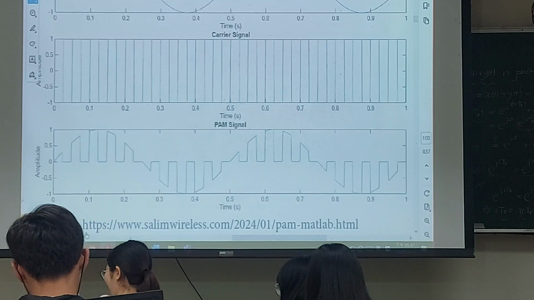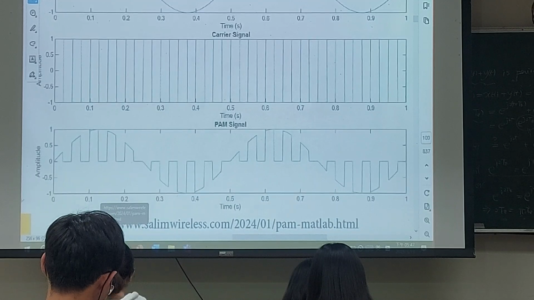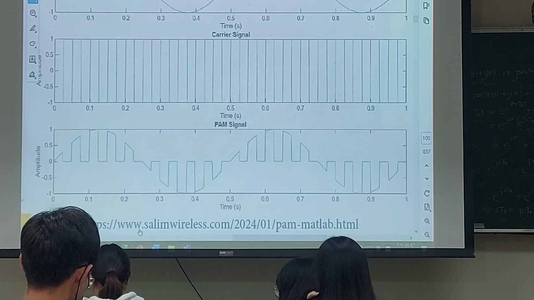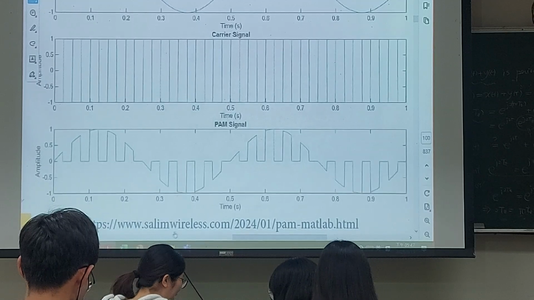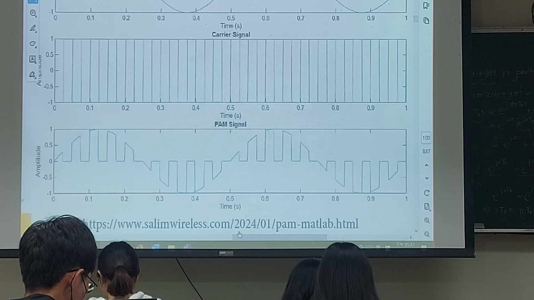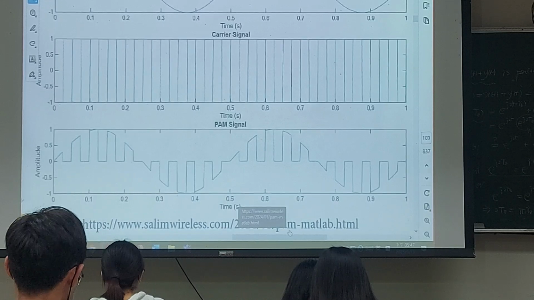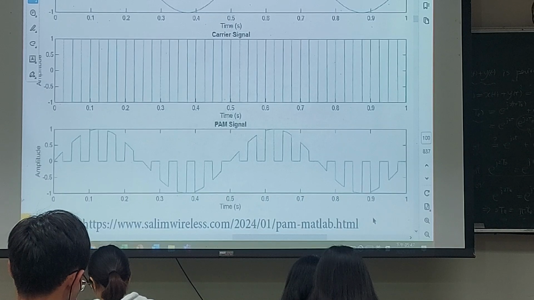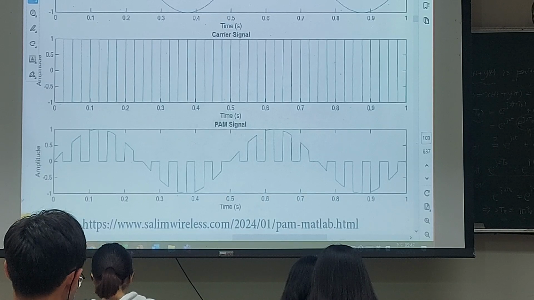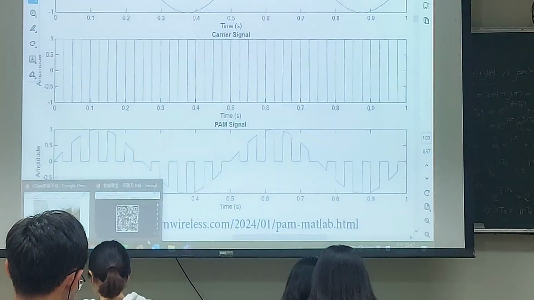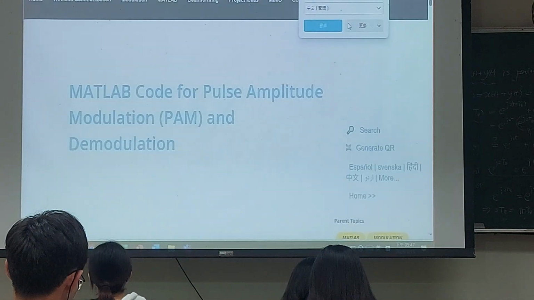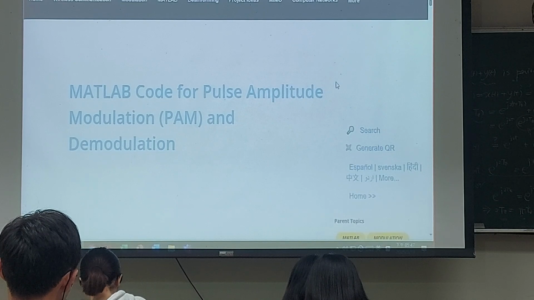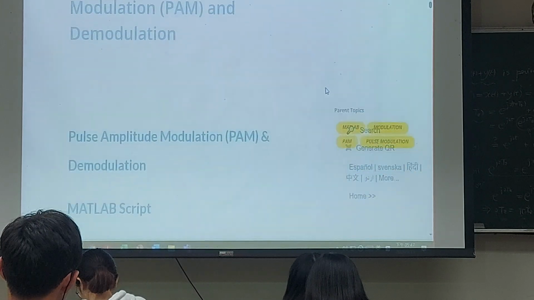And let me read that for you: www.salientwireless.com/2024/01/10-method.html. If you go to this website, you will see this web page. It's a method code for pulse amplitude modulation and demodulation.